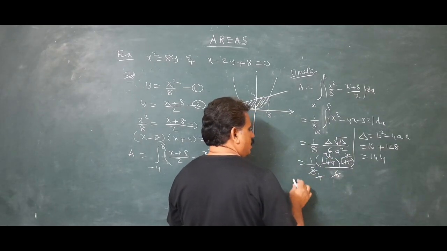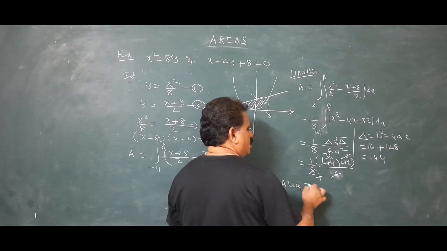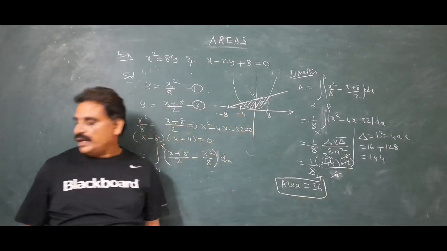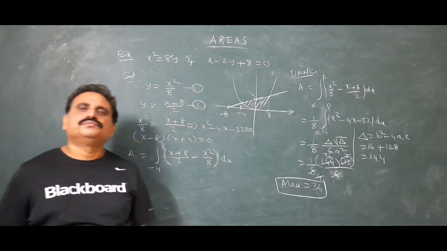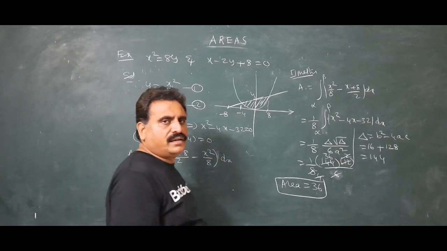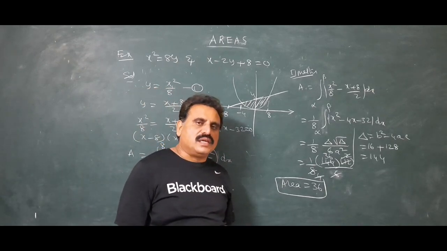So area equal to 36 square units. That's enough. You can easily get the answer by applying this formula. Keep in mind delta root delta by 6a square.